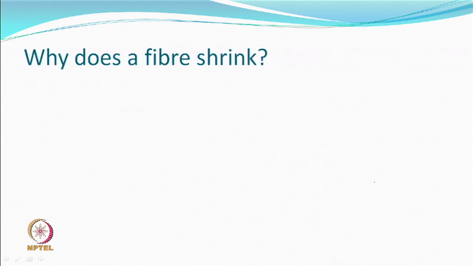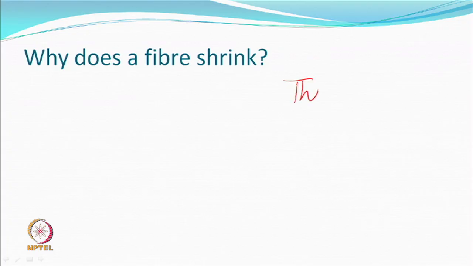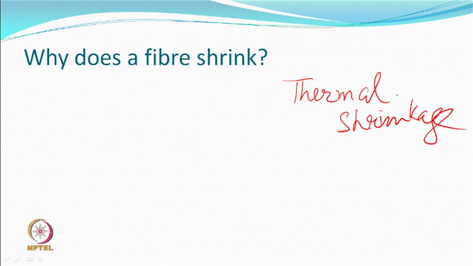You should be able to answer this question: why does a fiber shrink? Because you need something to shrink. Let us say at the moment, just to simplify things, we are looking at thermal stimulus. The shrinkage can happen because of any other stimulus. So, we are looking at thermal shrinkage. Why does the fiber shrink?